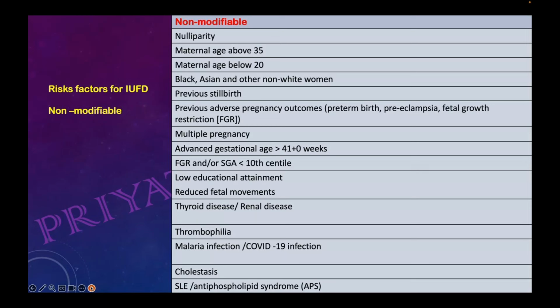Non-modifiable risk factors are nulliparity, maternal age above 35 or below 20, black, Asian, and non-white women, previous stillbirth, previous pregnancy outcomes, preeclampsia, preterm birth, FGR, multiple pregnancy, advanced age more than 40, advanced gestational age, low educational attainment, reduced fetal movement, thyroid disease, renal disease, thrombophilia, malaria, COVID-19 infection, cholestasis, antiphospholipid antibody syndrome, and SLE.